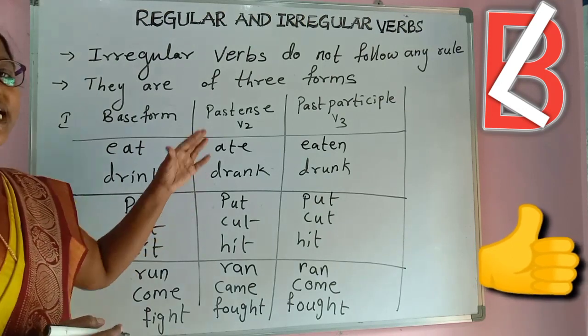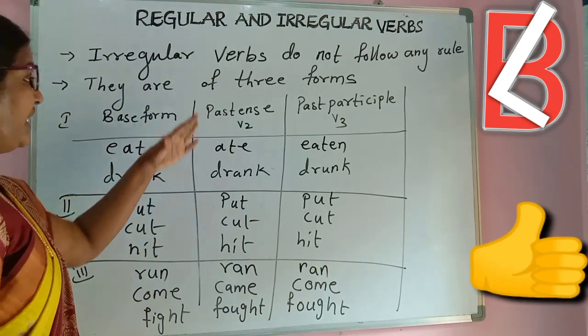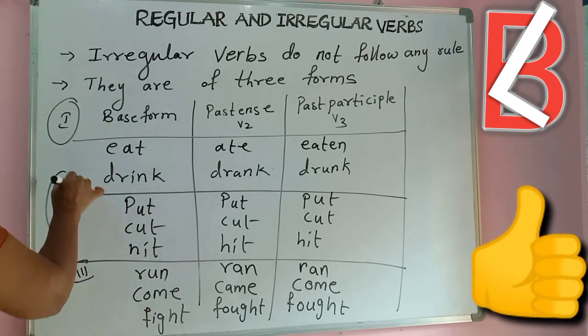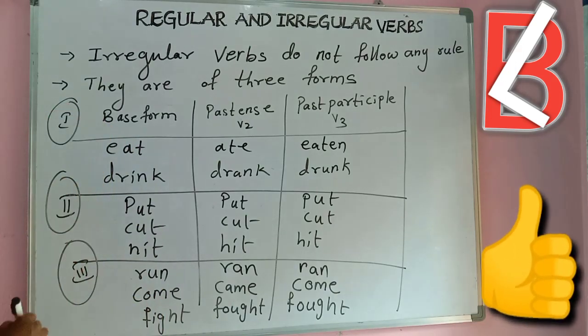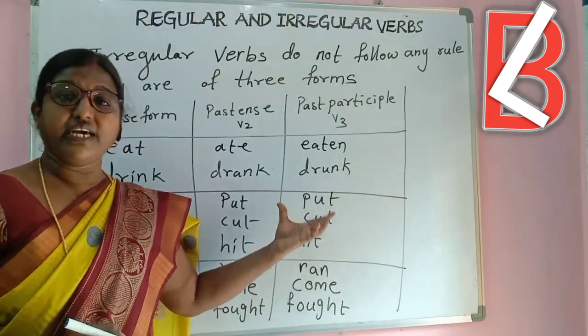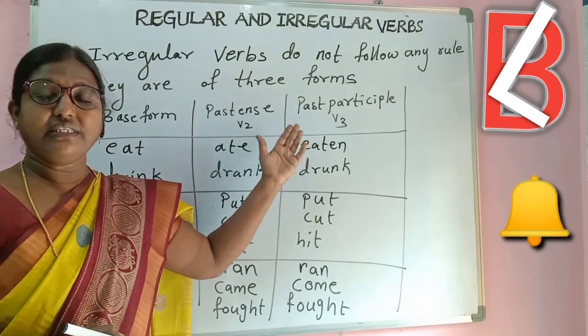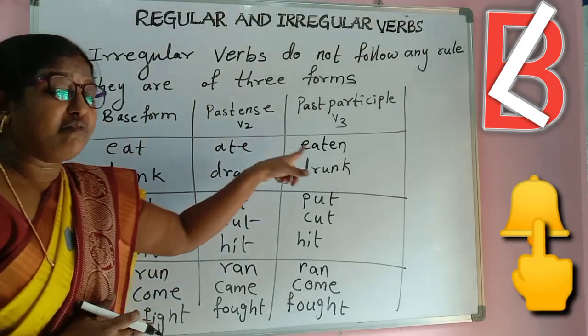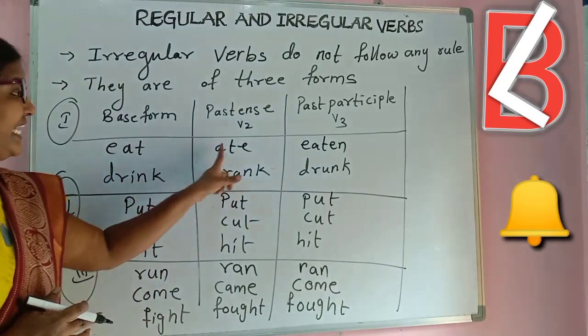Here we can see irregular verbs in three forms. Most of the verbs in our daily communication are irregular verbs. The first form is where all the three forms are different: eat, ate, eaten.